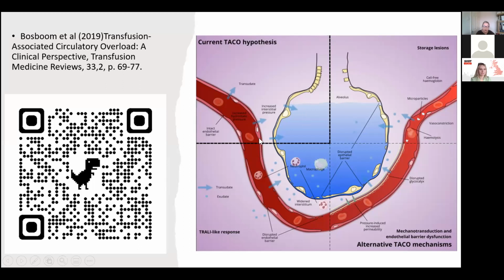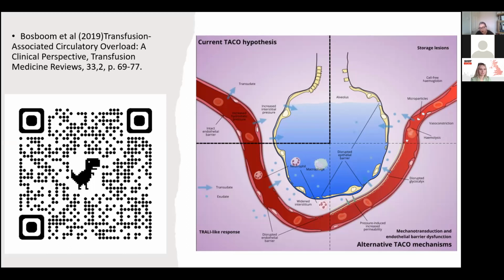And so what this says is that increased hydrostatic pressure within the capillary forces fluids through the endothelial barrier, and that enters the alveolus and fills it up basically with fluid, and that causes pulmonary edema. So this is due to increased interstitial pressure and fluid moving from the capillary into the alveolus, causing pulmonary edema.